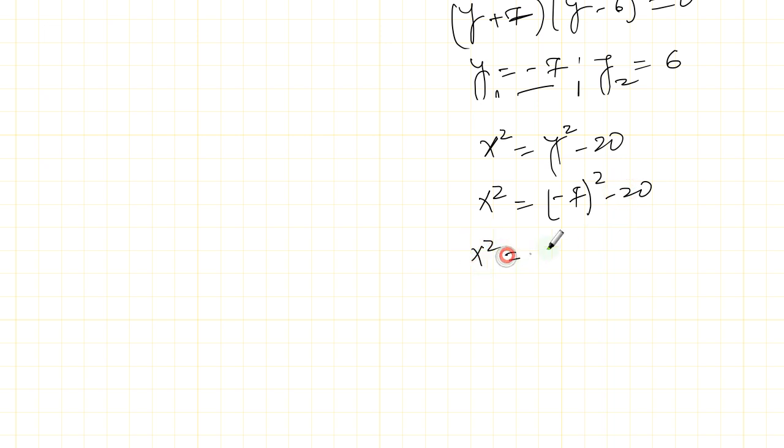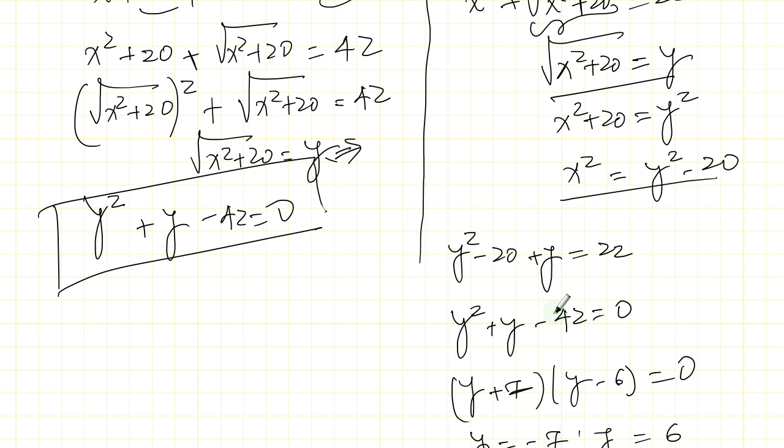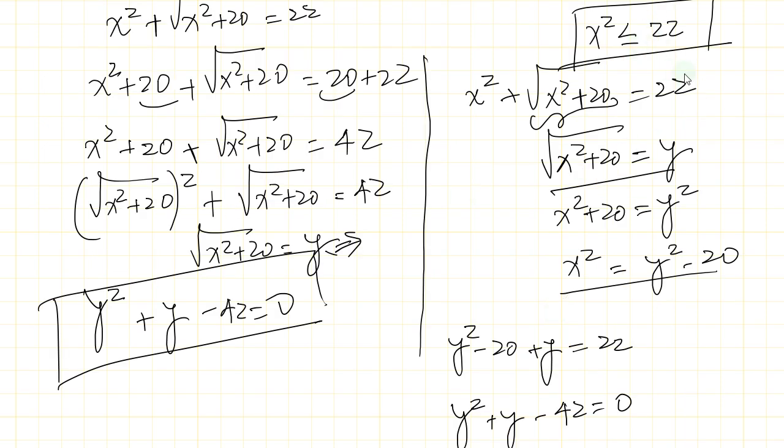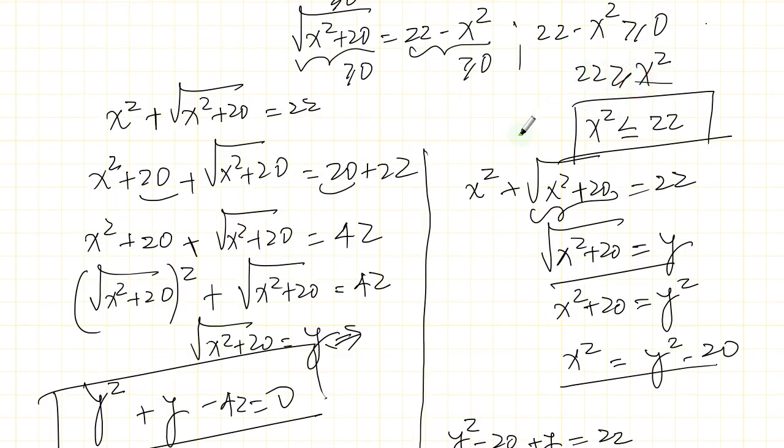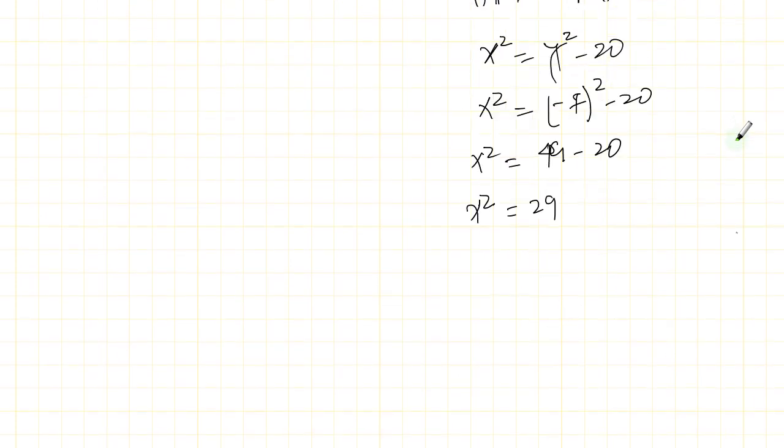So x squared is going to be 49 minus 20, and this gives us 29. Based on our condition here, this one doesn't satisfy it, so we're going to reject this one.